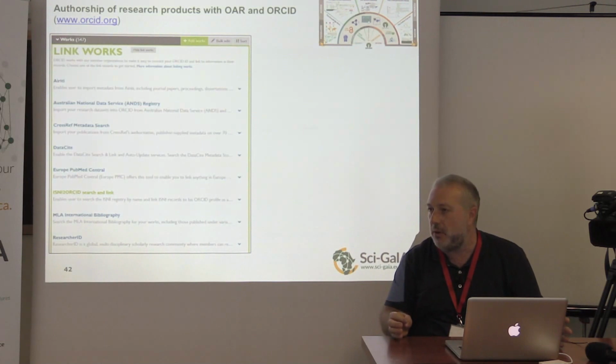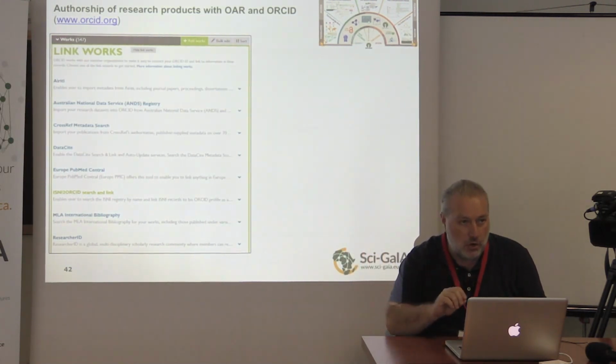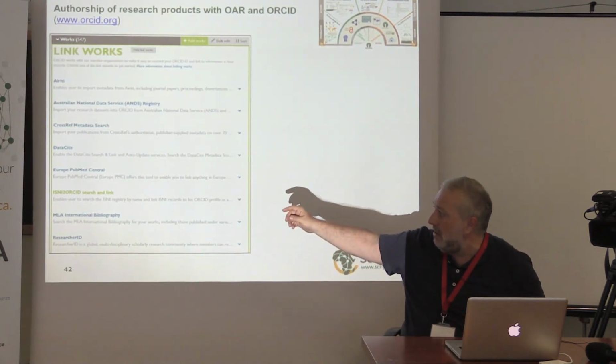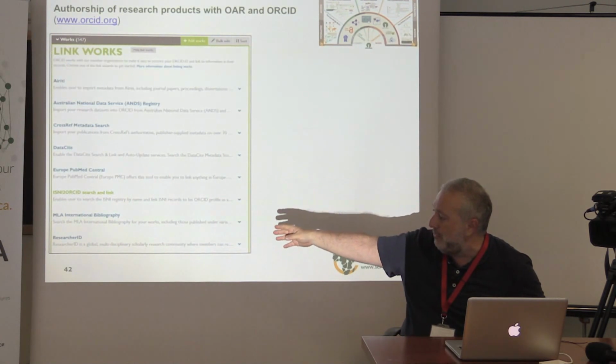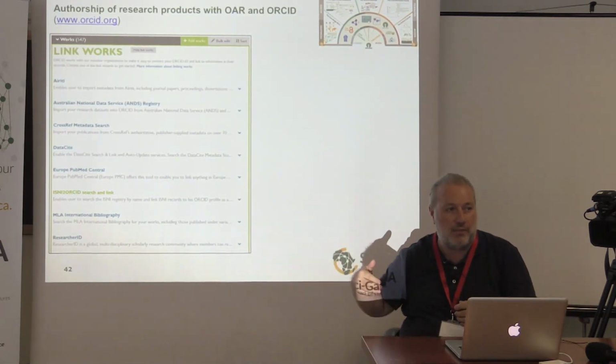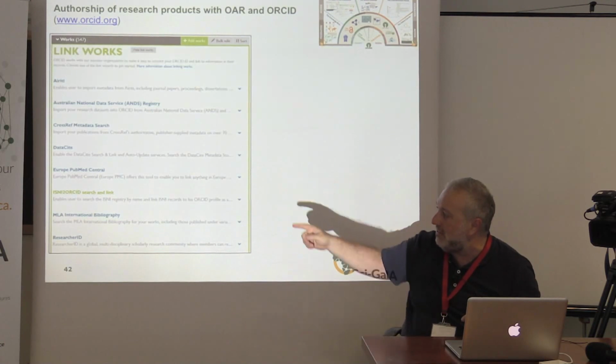This would be very boring. But you can search and link your papers from external sources. For example, if you already have your data on Crossref, on Researcher ID, or on Scopus, you can claim all of them. But one of the external sources you can claim your research products from is DataCite.